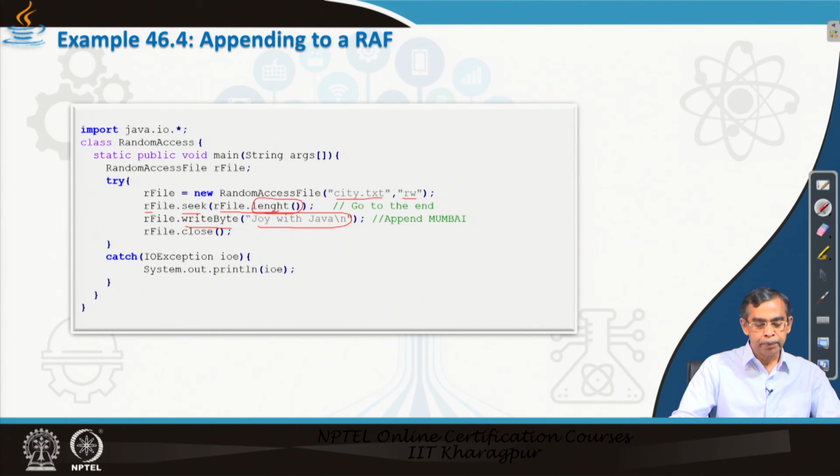This string will automatically be converted into bytes and stored into the file. So, this basically says how the file can be appended. You can later open it and see the content. So, this example says how the random access file can be used for appending purposes.